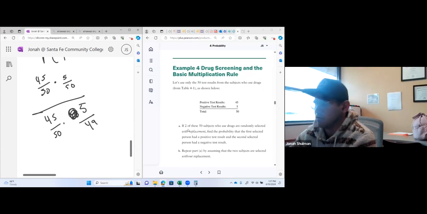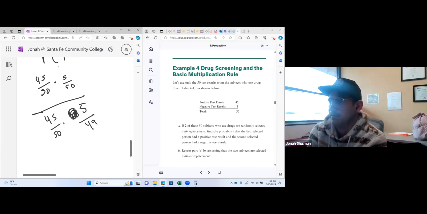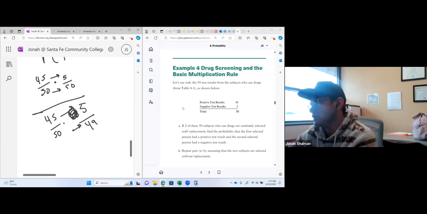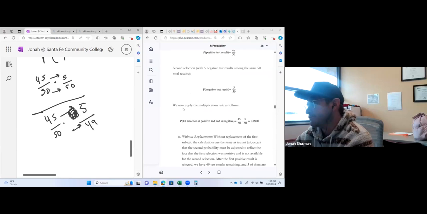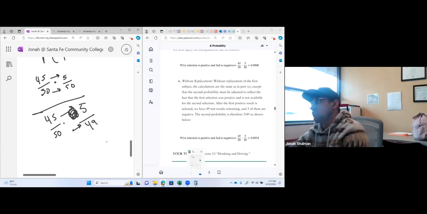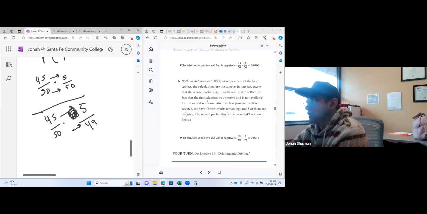That's the difference. You still do top times top, bottom times bottom. But notice that this is from the other group. That's why the 5 didn't drop down, assuming that's what the answers are. Ta-da! Exactly the same. So this is a pretty good example.